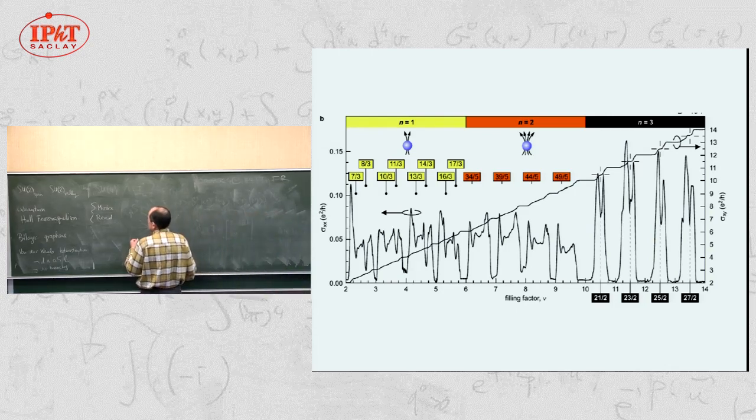Their proposal is the following. We have a Jastrow factor, which is good for putting particles away from each other. If you want a Jastrow factor type wave function with filling factor 1/2, you can try to write this.